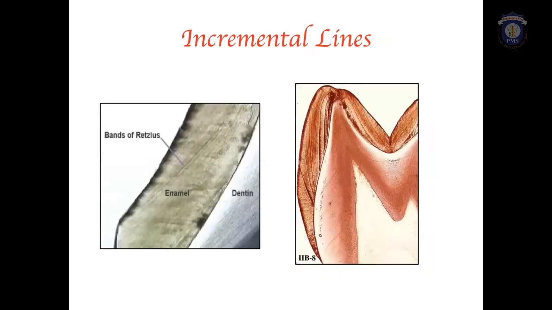Now, there are a few other ultramicroscopic structures, but those are separate topics, and maybe we can take them as a separate topic. But there are some lines which are called incremental lines. Now, what are incremental lines? These are lines which denote the incremental deposition of the enamel from the ameloblast.